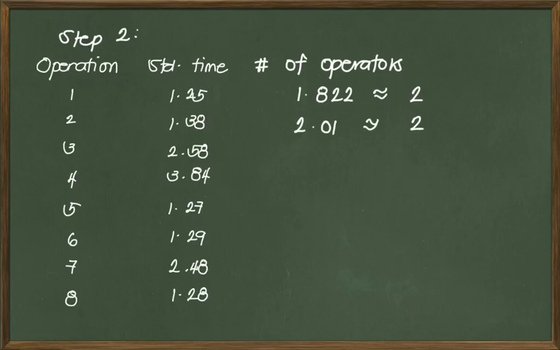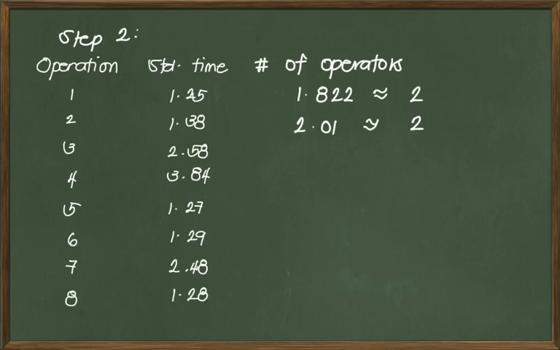So, next is operation 3. Actually, we can have a faster solution to this one by using the calc function of your calculators. You can assign the 0.686 as the constant number, and then the standard time will become your variable data.